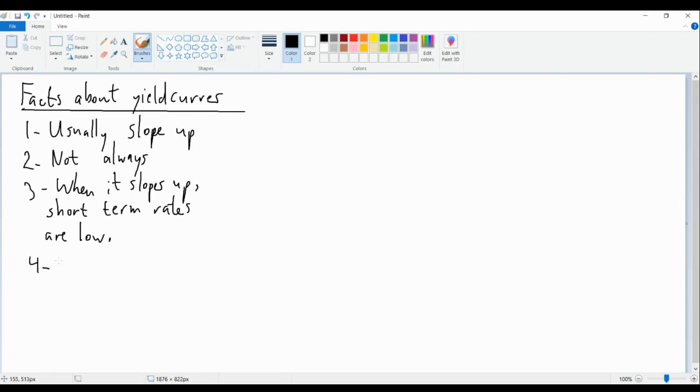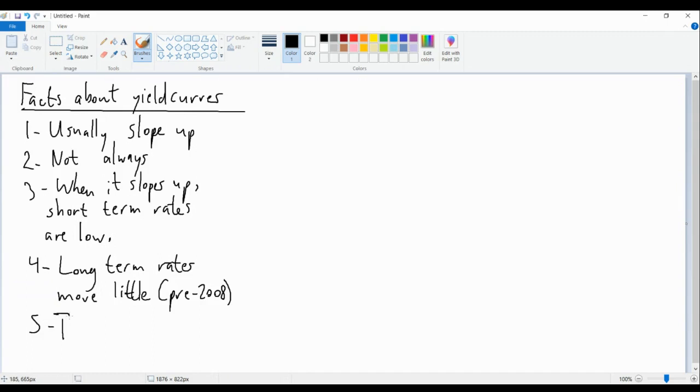Four, we noticed that long-term rates don't move around much, or at least they don't move around much before 2008. We'll revisit what might have been going on since then at some point.